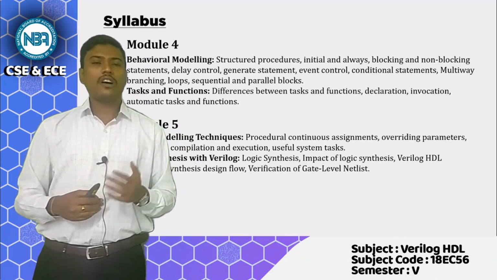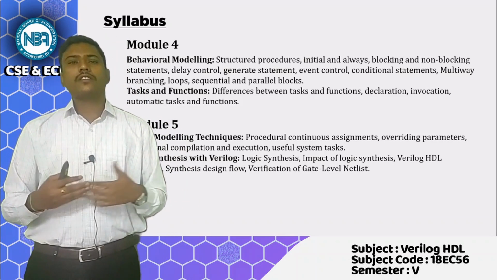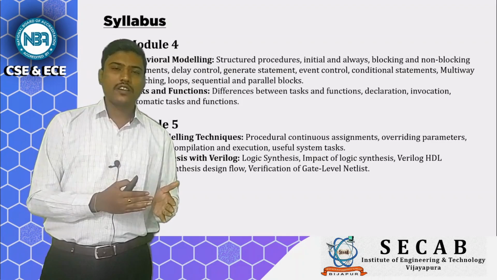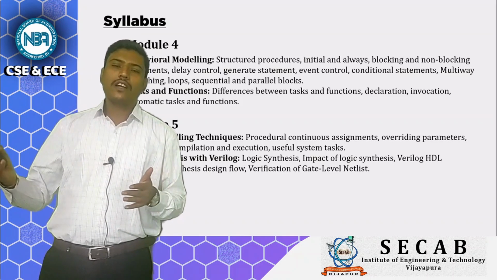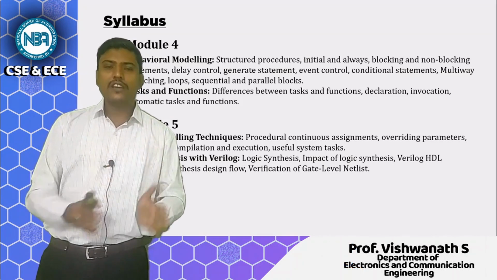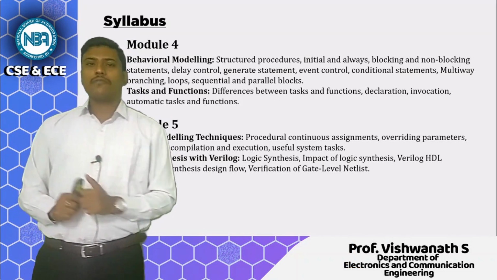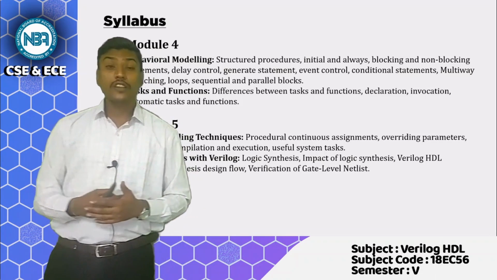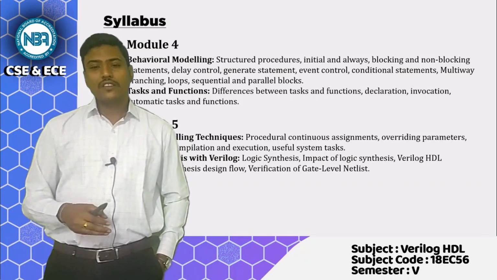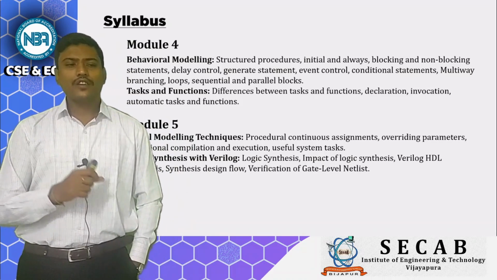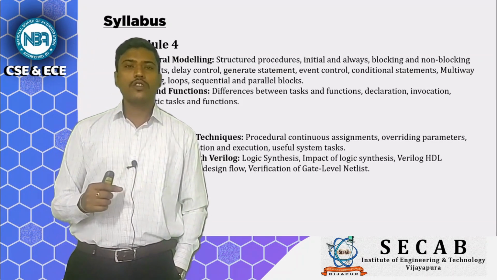Suppose I have used a parameter in some particular design, how can I override that parameter when I am instantiating that design in another design? That is going to be one of the useful modeling techniques that we are going to study.